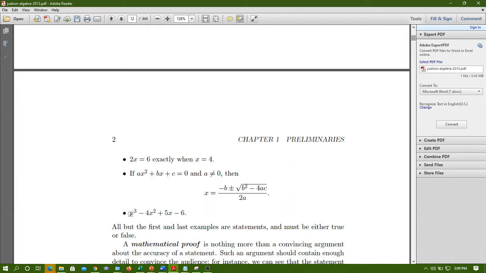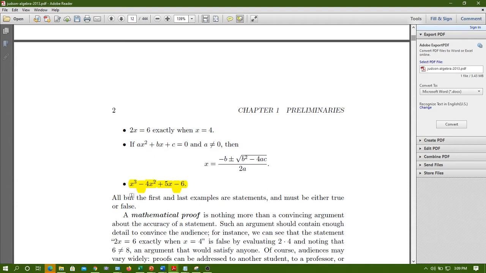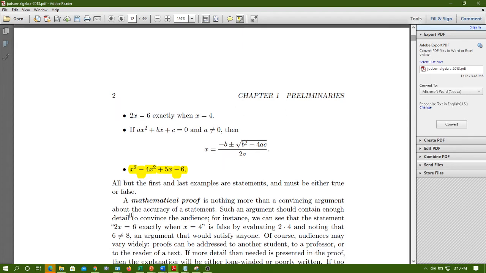And the next is x cubed minus 4x squared plus 5x minus 6. So this last example has the same case as the first example. What is that case? All but the first and last examples are statements and must be either true or false, except the first and last examples.